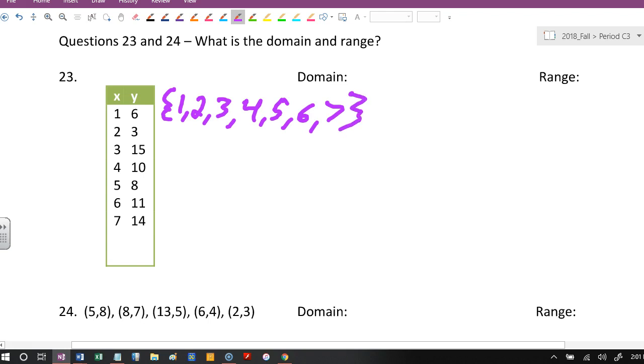I'll write the commas, but you don't have to say them. Okay, how about range? And then the range, you start that not weird bracket thing again. Actually, that one came out a little weird. Let me make it better. Yeah, that's a little better. And then put the all of y in numerical order. So it'll be 3, 6, 8, 10, 11, 14, and 15, and then end the not weird bracket.